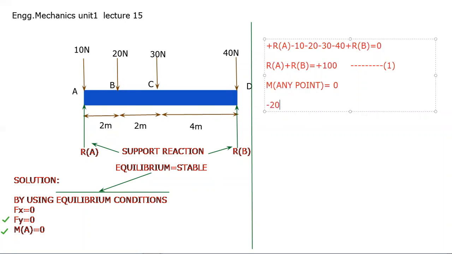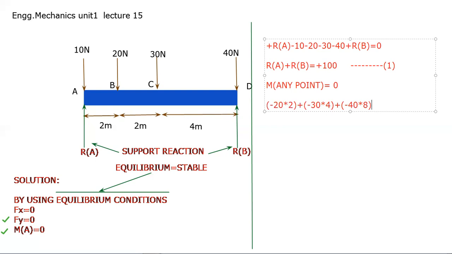So minus 20 multiplied by 2, plus, in bracket, minus 30 multiplied by 2 plus 2, that is 4, because we are calculating the moment at A. Then 40 will also be acting in the clockwise direction, so 40 multiplied by 4 plus 4, that is 8.